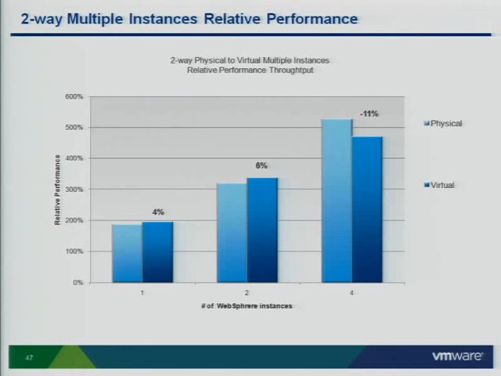You can see a performance improvement of 4 to 6% in the 1 virtual machine and 2 virtual machine cases. And with 4 virtual machines running on the server, you will see a 10% to 15% degradation because of the VMs running on multiple physical CPUs. So there is a slight overhead when you hop from one processor to another.